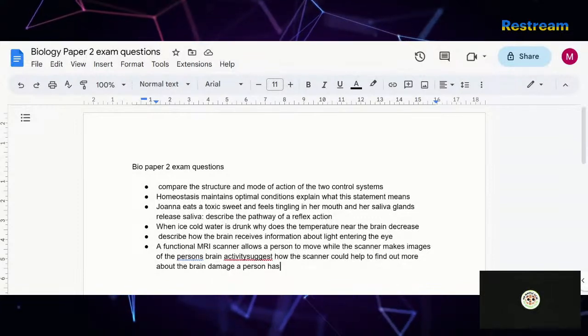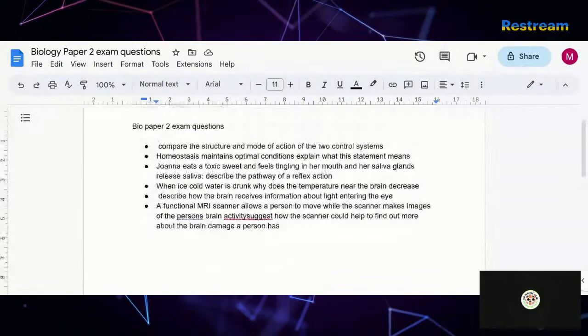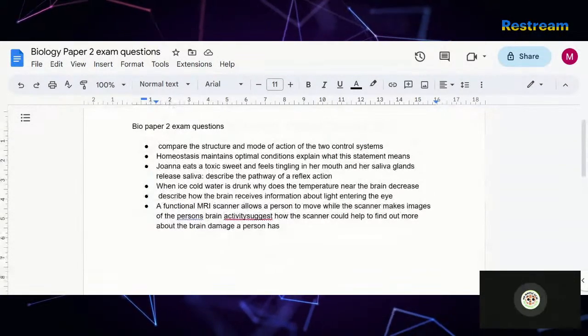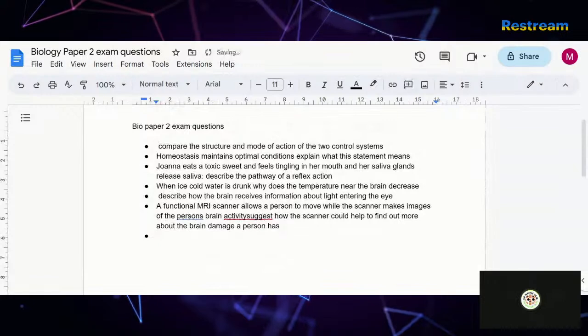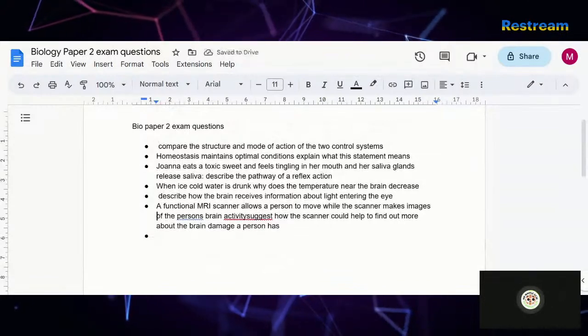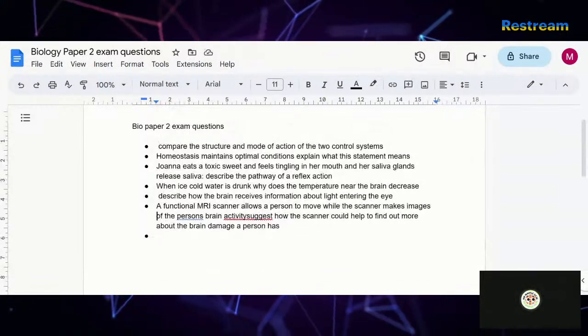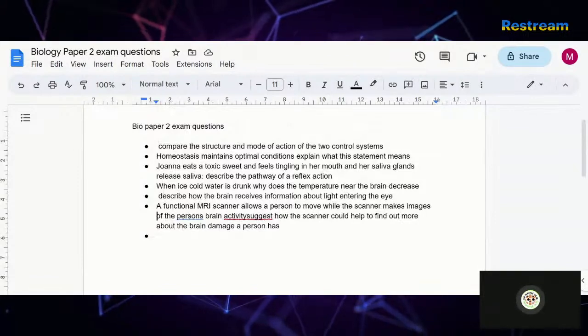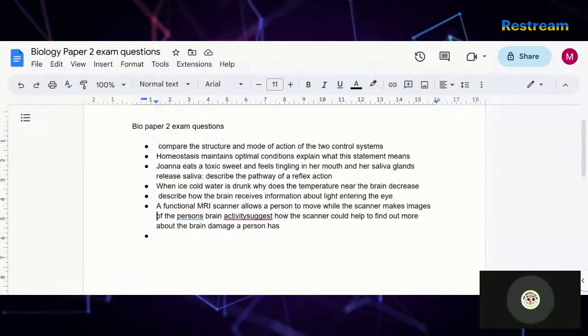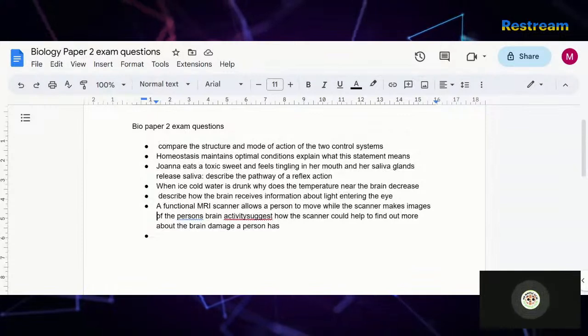Okay, so we have an MRI scanner, and it allows a person to move while it makes images. So it allows movement, and it then takes pictures of the brain's activity. So that's what we know about MRI scans. How could the scanner help to find out more about the brain damage that a person has?